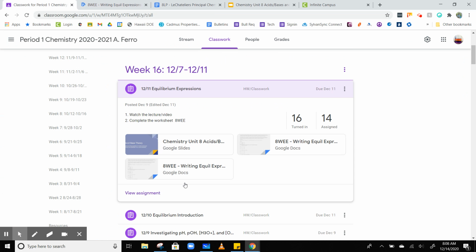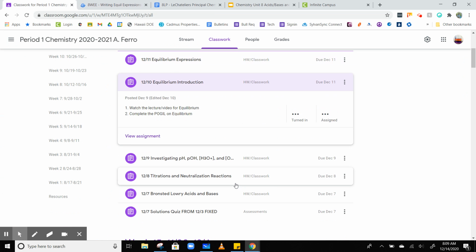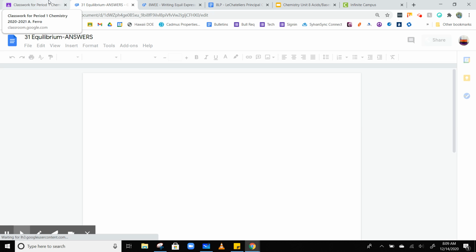Okay. Also, from the work we did the other day with this one, if you recall, I forgot to pull these up, so it might take a minute here. But basically, the ratio of products over reactants is constant as long as we are at equilibrium.